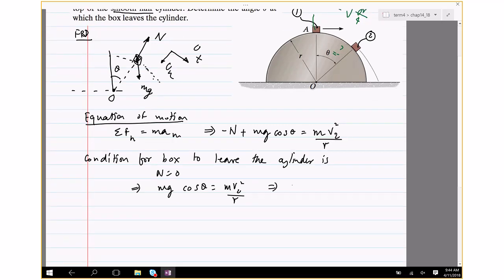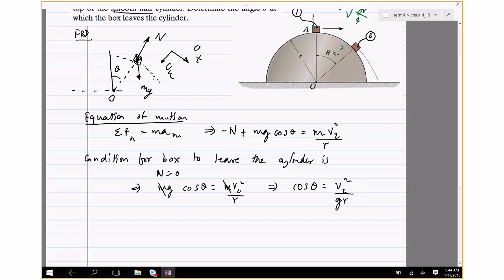Or in other words, if you solve for cosine theta, it's cosine theta equals v2 square divided by gr. I dropped gravity, there it comes back.